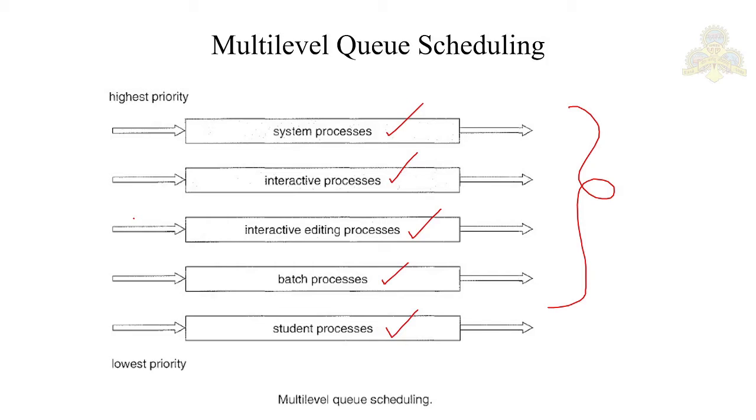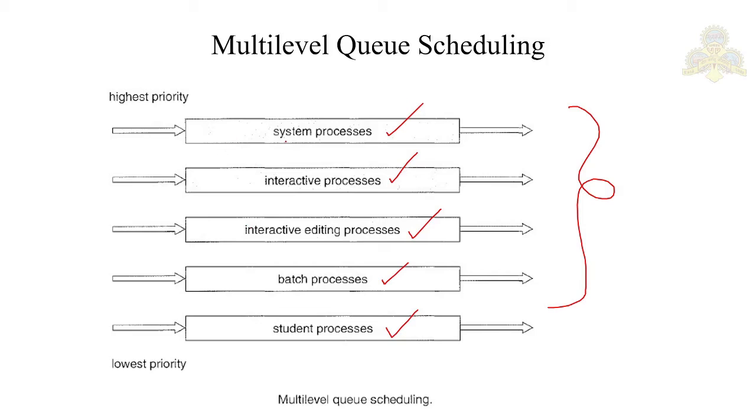Okay. So basically, the algorithm which is used among your queues is fixed priority preemptive scheduling. Okay. So as in the diagram, you have here five different queues, right? So these queues are listed based on priority.